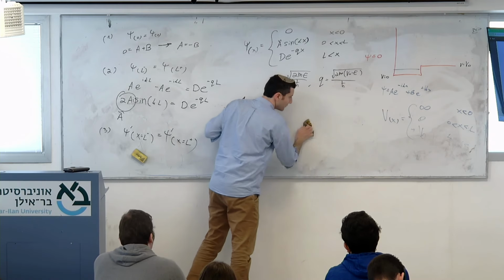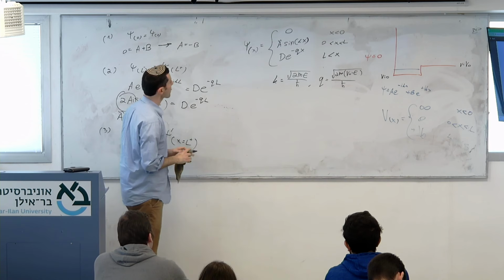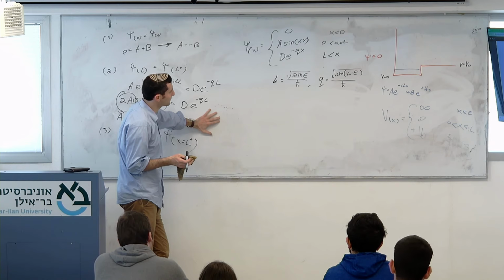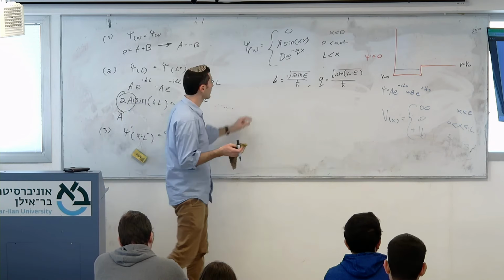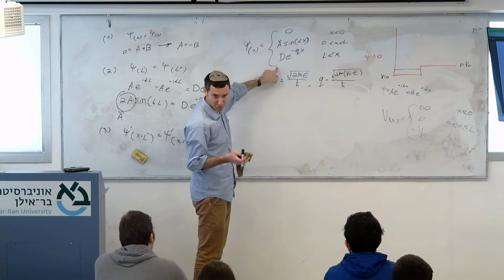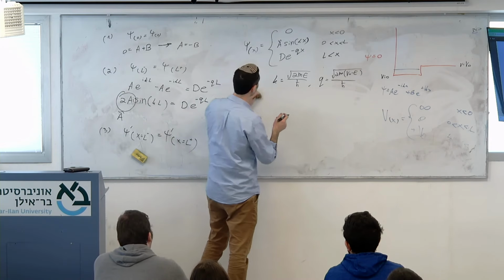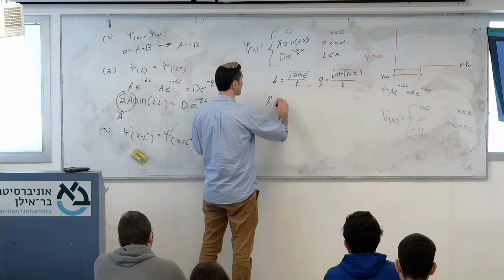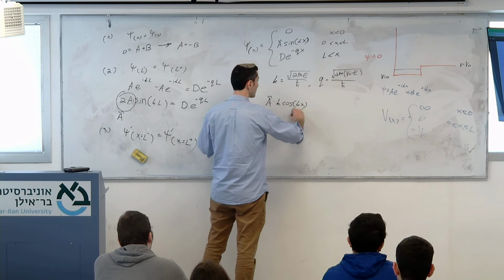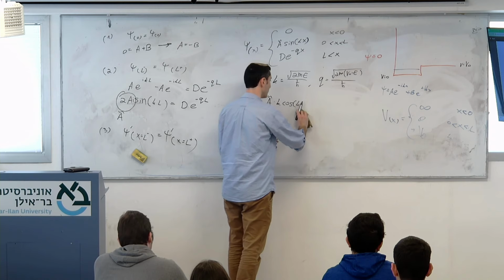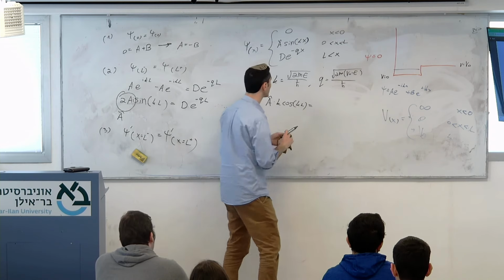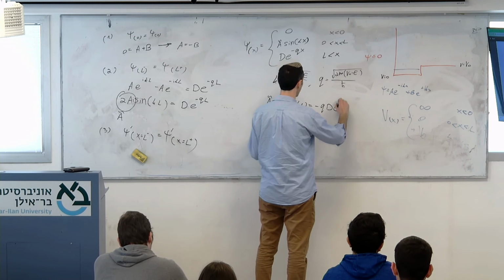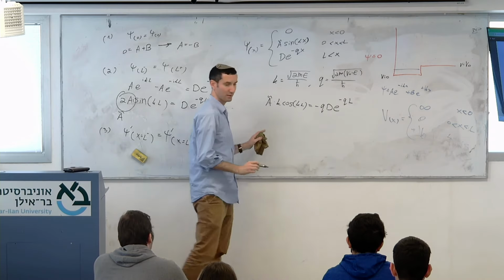And now, I didn't do yet the derivative of this at x equals L is equal to the derivative of that at x equals L. Let's do this. The derivative of sine is cosine, so I have A tilde times k cosine kL is equal to the derivative of that, which is minus q D e to the minus qL.